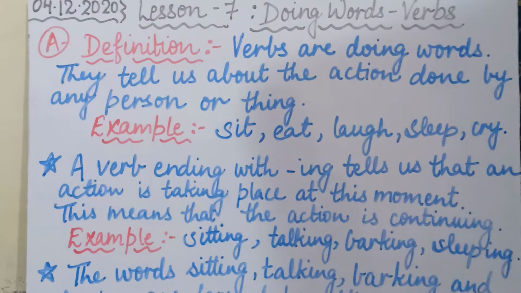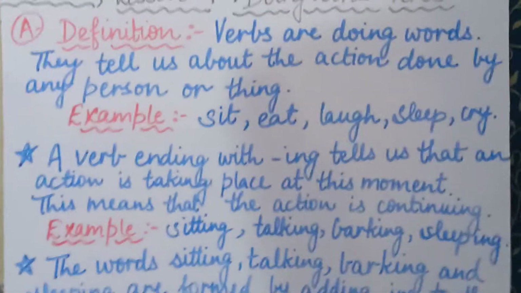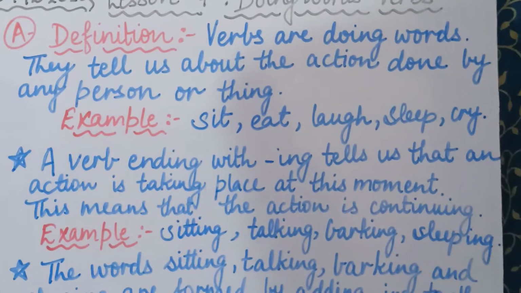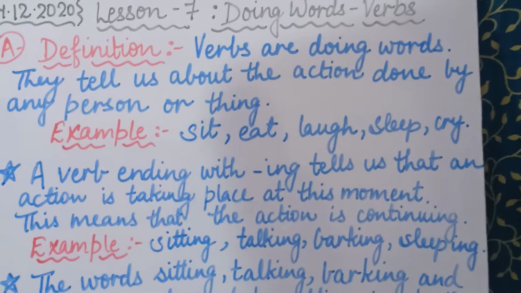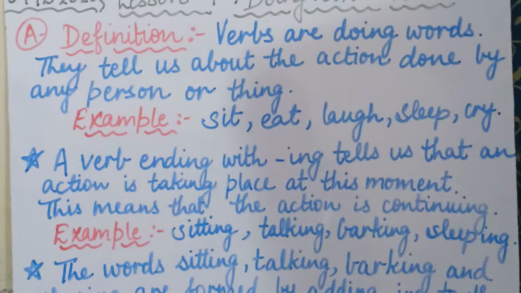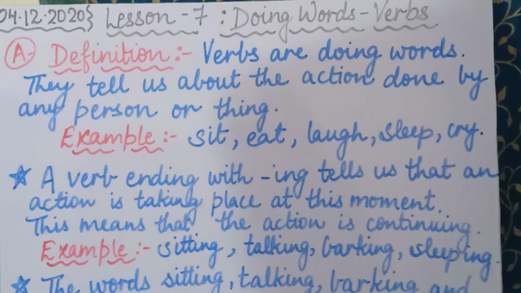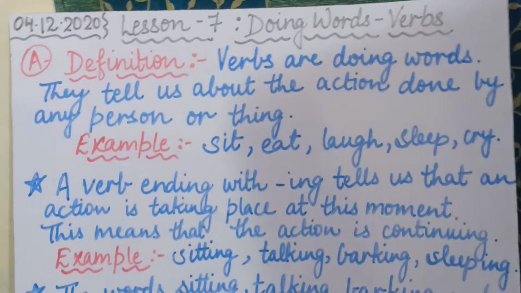These words are also known as action words because they are doing some action. Verbs tell us about the action done by any person or thing. किसी भी person और thing से जो भी कोई action हो रहा है उसके बारे में जो words बताते हैं, they are known as verbs.